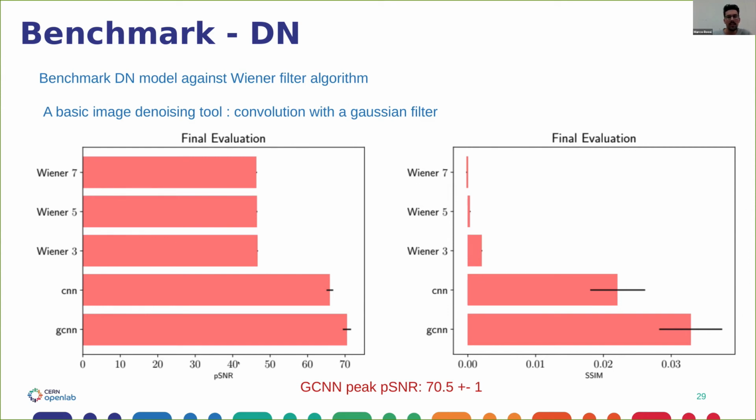We collected here the scores in terms of peak signal to noise ratio on the left and structural similarity values on the right on the test data set. And we see that the GCNN achieved the best performances with the peak signal to noise ratio of 70.5.